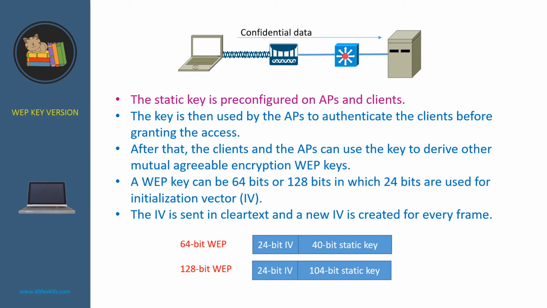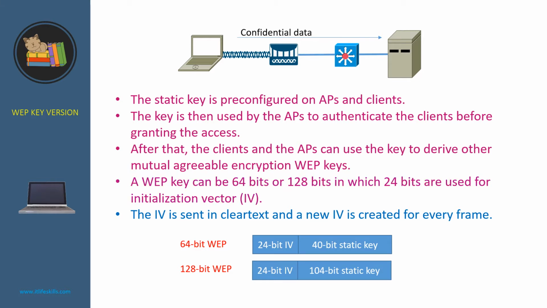The static key is pre-configured on APs and clients. The key is then used by the APs to authenticate the clients before granting the access. After that, the clients and the APs can use the key to derive other mutually agreeable encryption WEP keys.